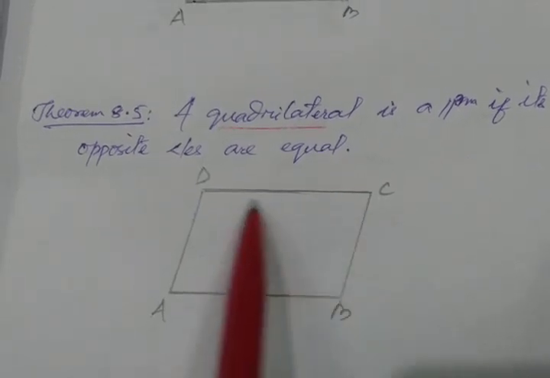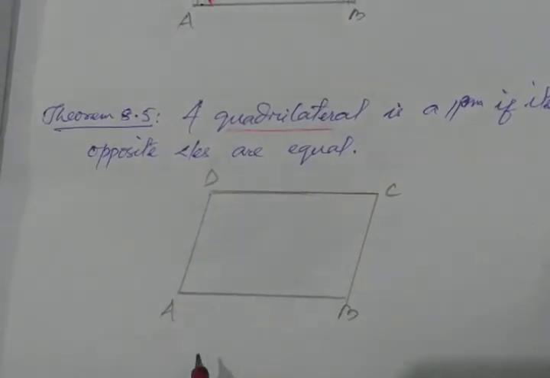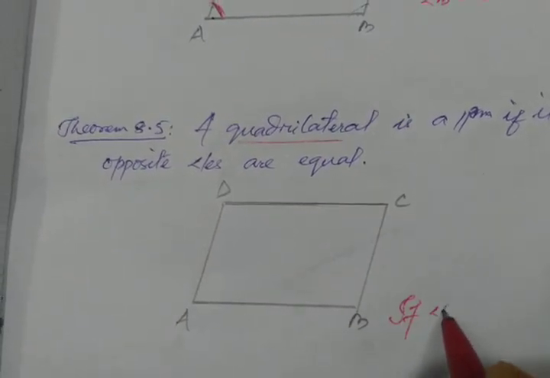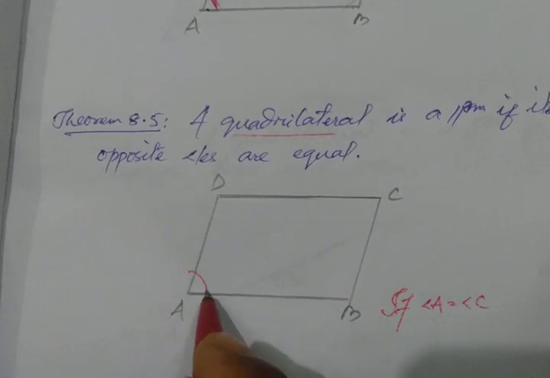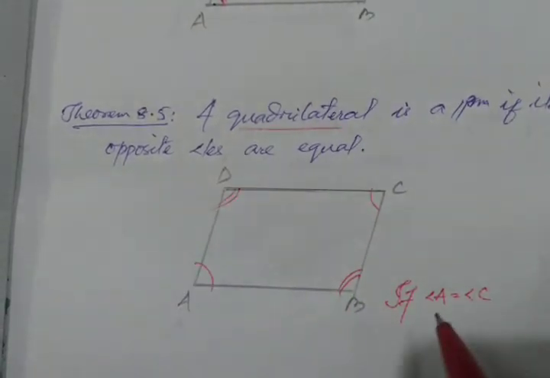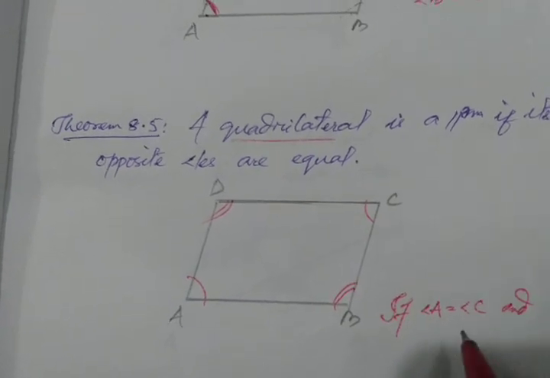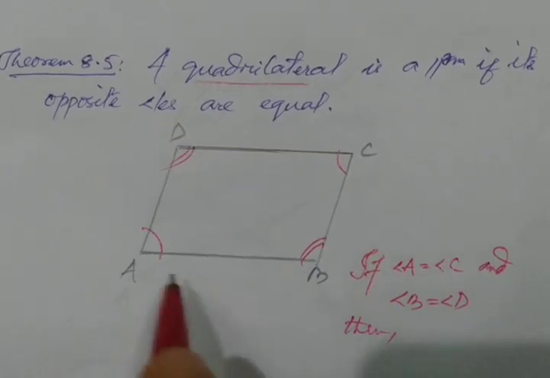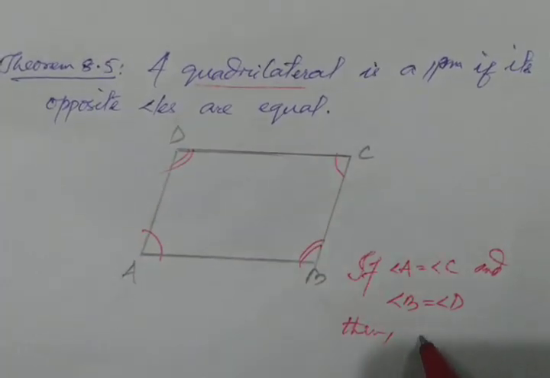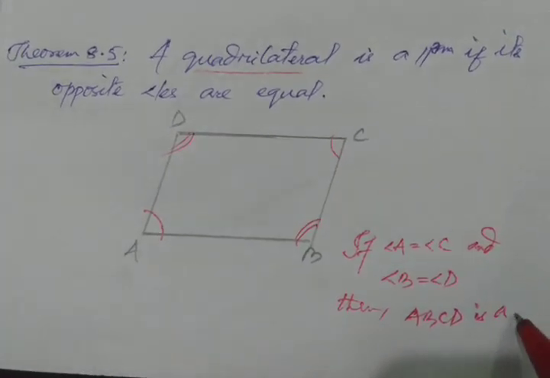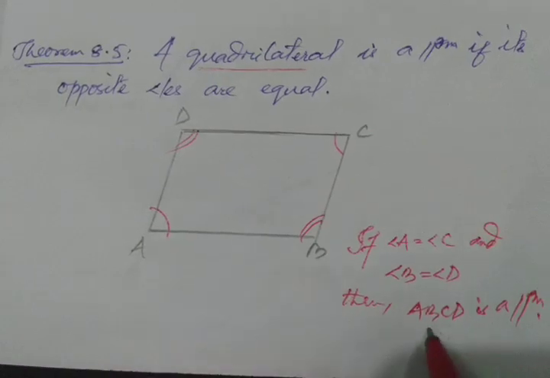Here, if ABCD is a simple quadrilateral, and if we have that angle A equals angle C, and angle B equals angle D, then we can say that ABCD is not only a quadrilateral, but ABCD is a parallelogram. Once again, that is from theorem 8.5.